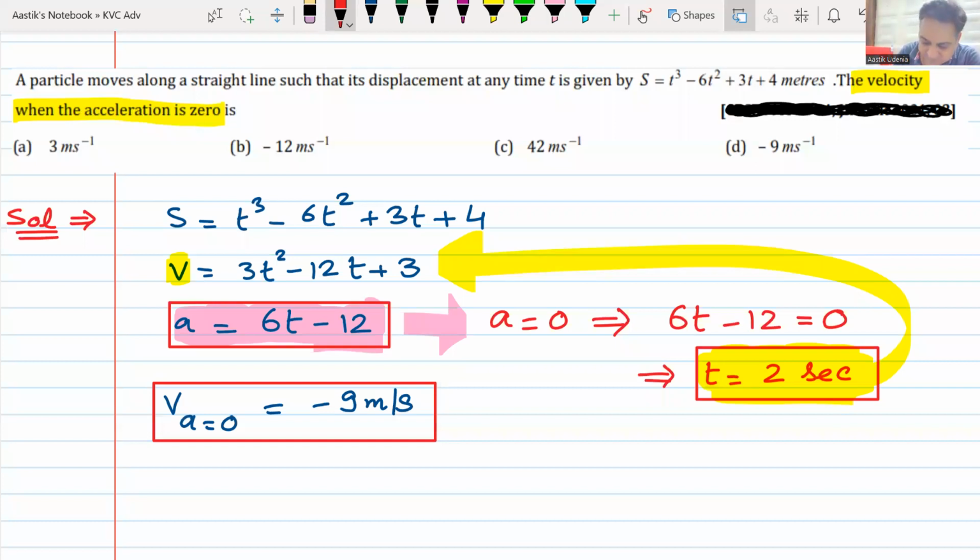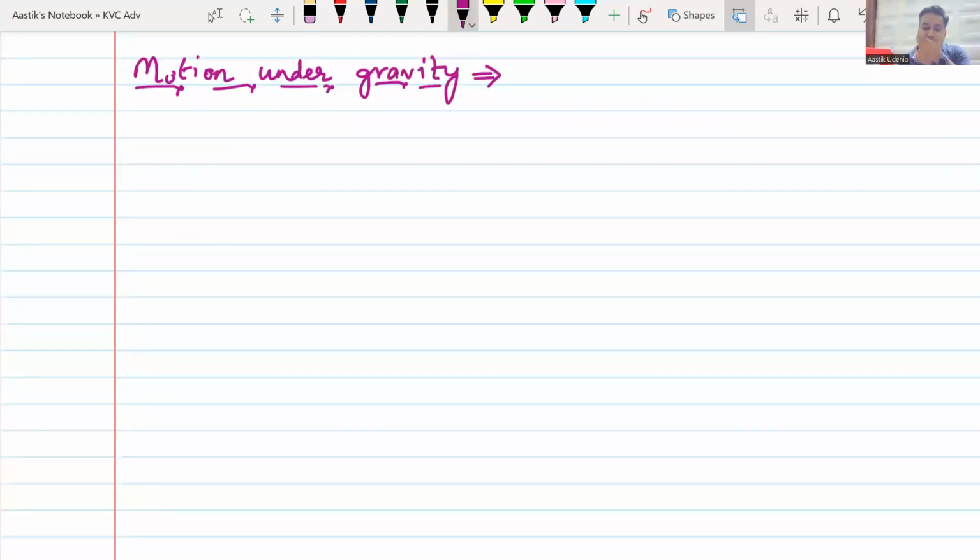And again, this is a case of motion with uniform acceleration. Also, in this case, it will be motion in a straight line. And the heading that we are going to do is this one, motion under gravity.